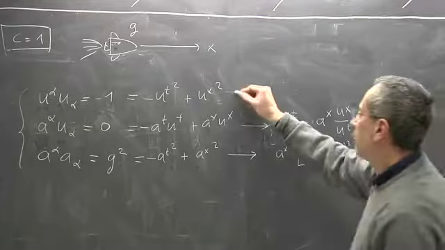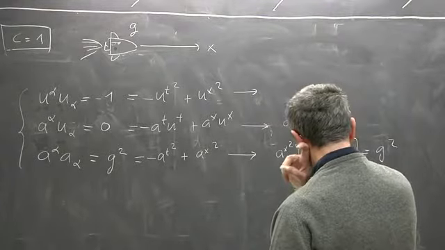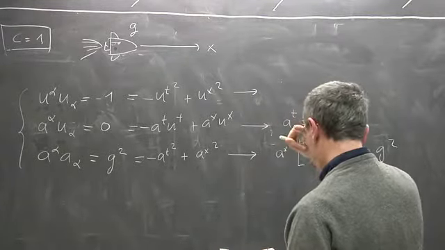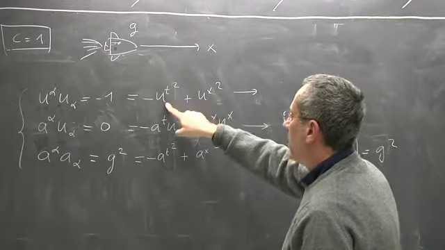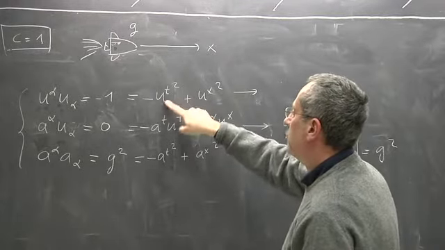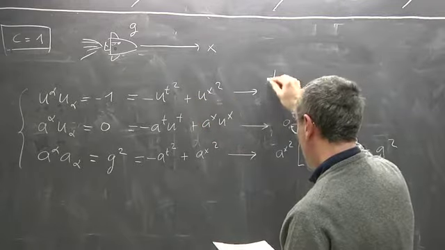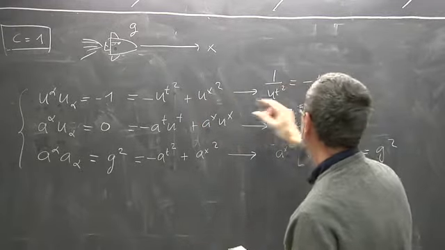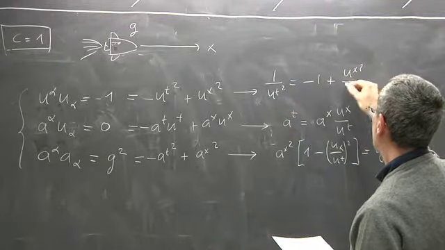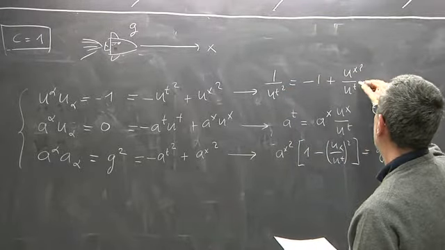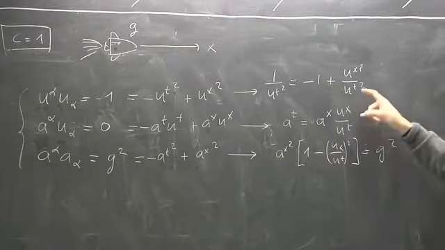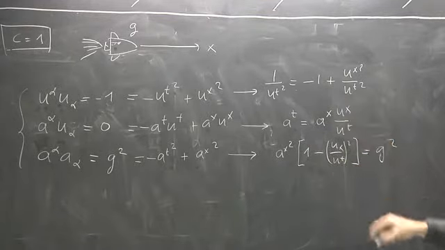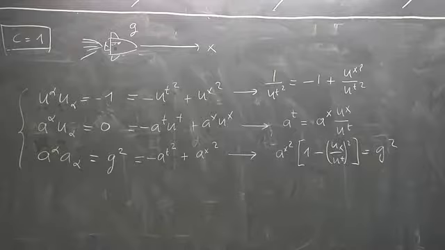On the other hand, from here I see that, taking this and dividing both sides by ut squared, you get that 1 over ut squared is equal to minus 1 plus the ratio of ux squared over ut squared, right?